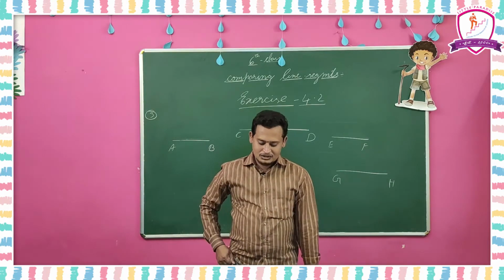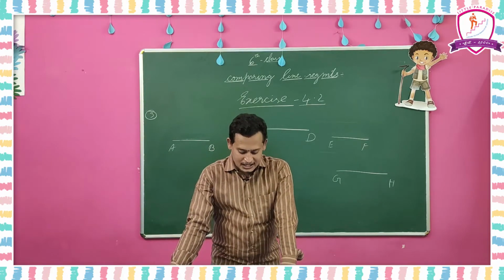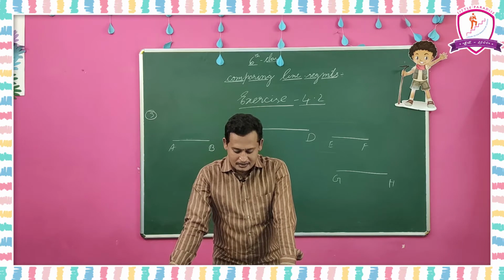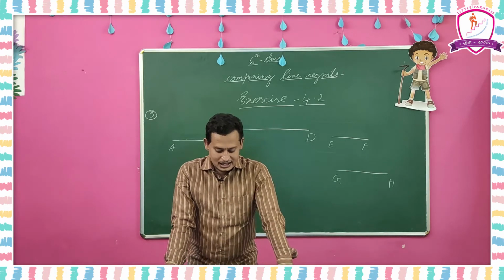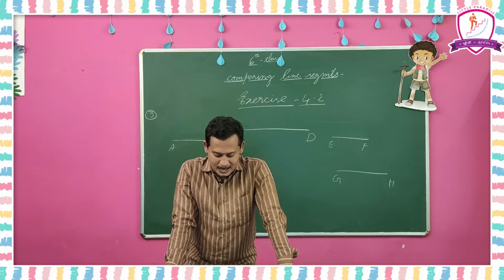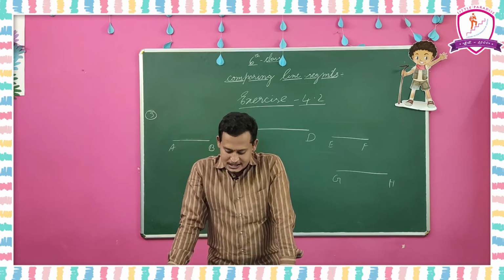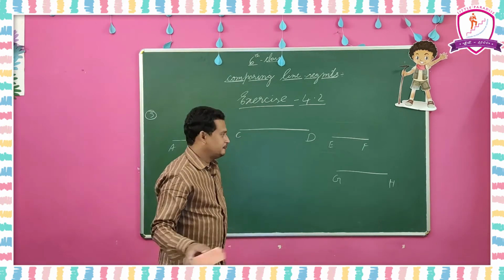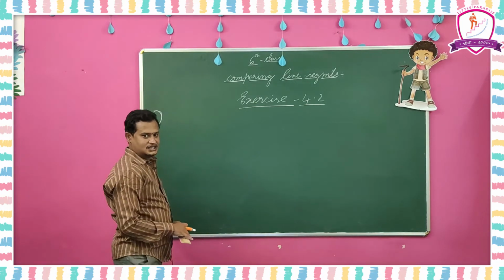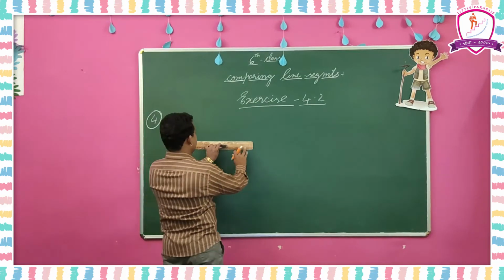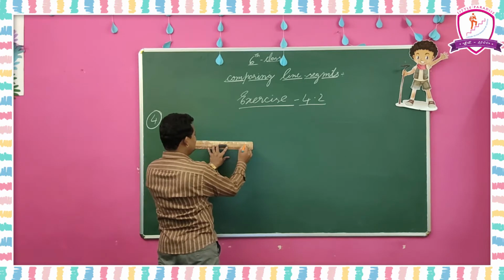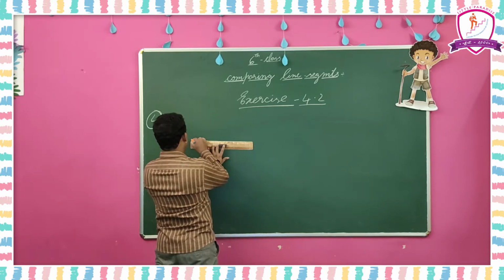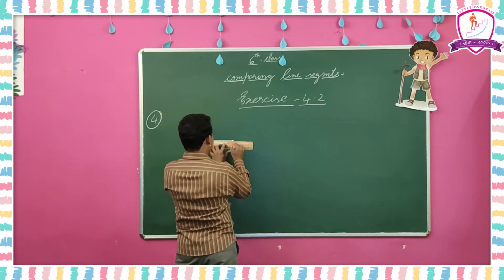So next, the fourth one: draw any line segment AB and mark a point C on AB lying between A and B. Verify that AC is equal to AB minus CB. Draw a line segment AB, that is the first instruction. So follow that instruction. I am going to draw a line segment AB here up to 10 centimeters.